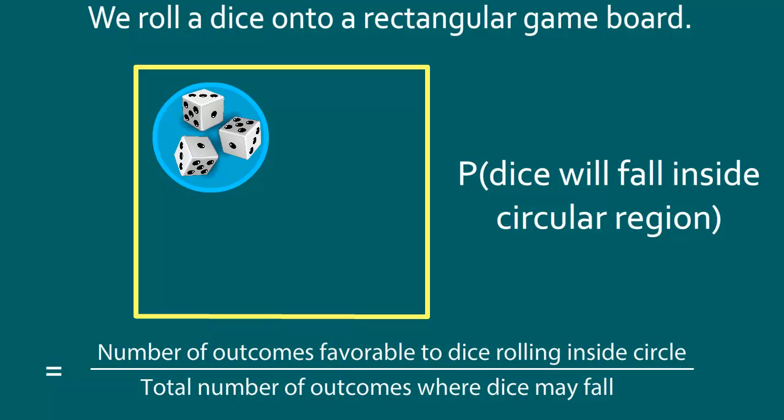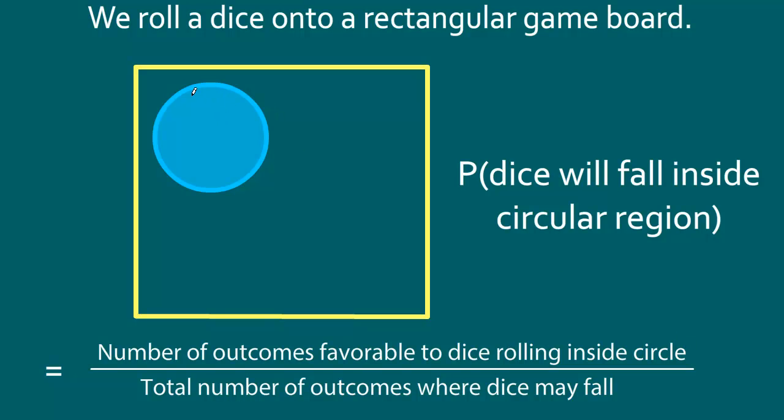The way we find that out is that we find the area highlighted in blue, the area of the circle. This is very important to understand conceptually: the numerator is the number of outcomes favorable to the dice rolling inside the circle.